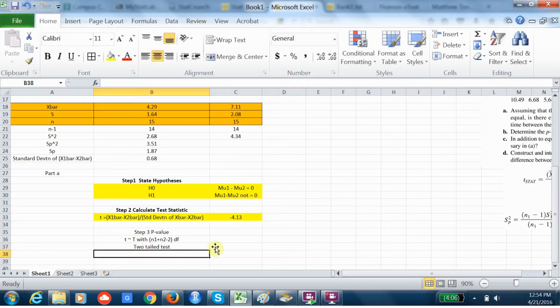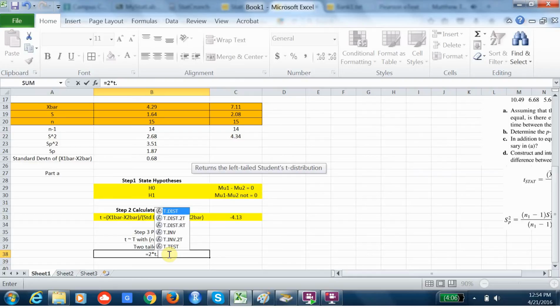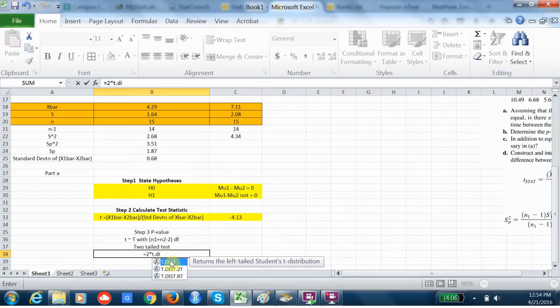So what we're going to do here is find the percentile that this value is in for a t-distribution that has 28 degrees of freedom. So we're going to use t dot dist, but I have to multiply my final answer by 2 because I'm doing a two-tailed test. It's going to be t dot dist, and this is my value here.